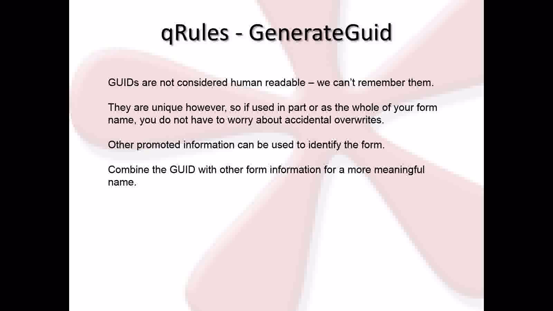The good thing about them is that they're unique. So if you need a unique form name, this command is the number one solution that you'll find in qRules. It's not the only one, but it's the number one option. You basically execute generate GUID, you get a result that is unique, and you use that as your form name and you're done.